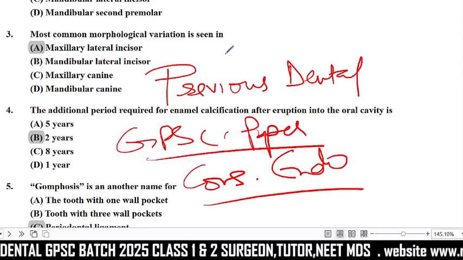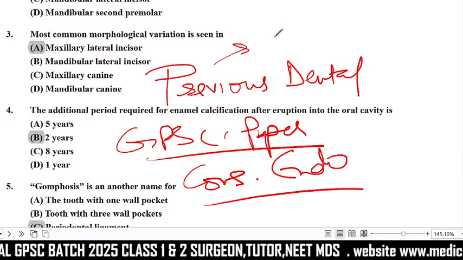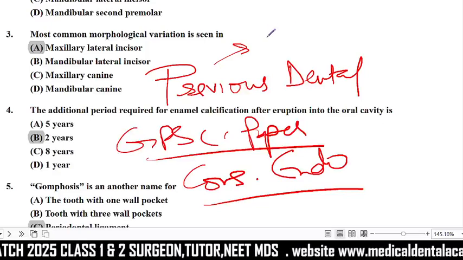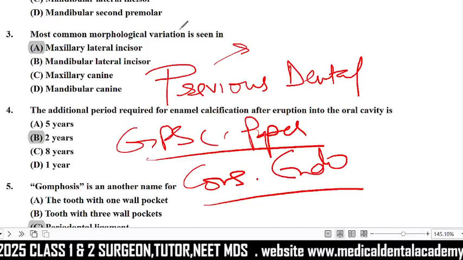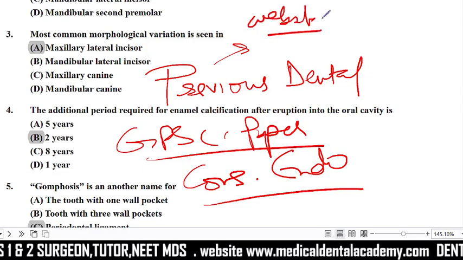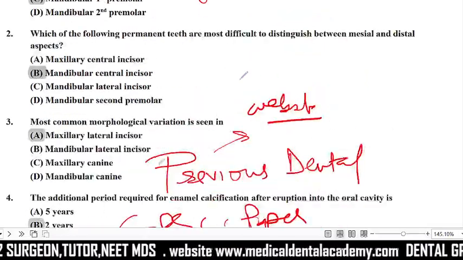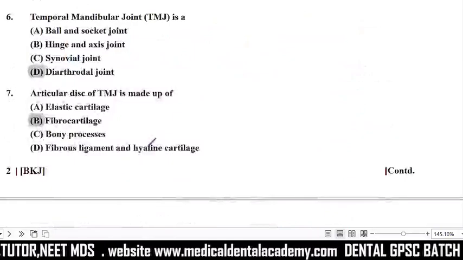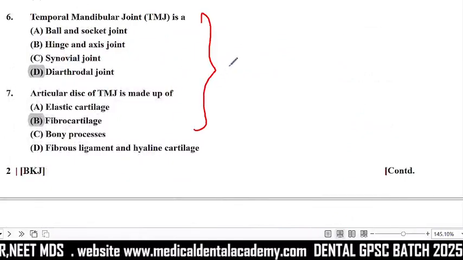So many questions may be repeated in your dental surgeon class 2 exam, class 1 exam, tutor exam. All these are available on our website, AI medical dental academy.com. Okay, so these are all anatomy questions.